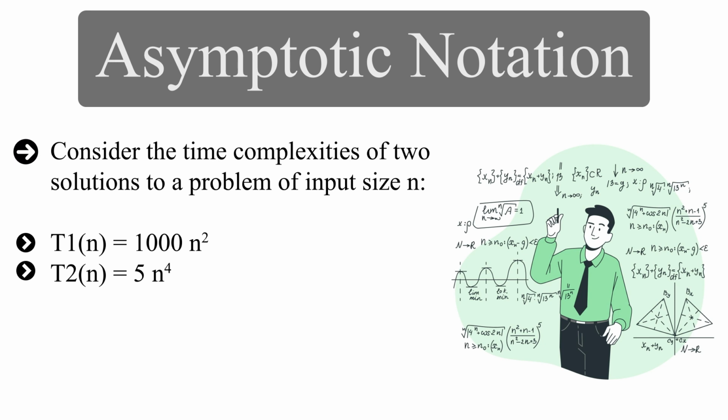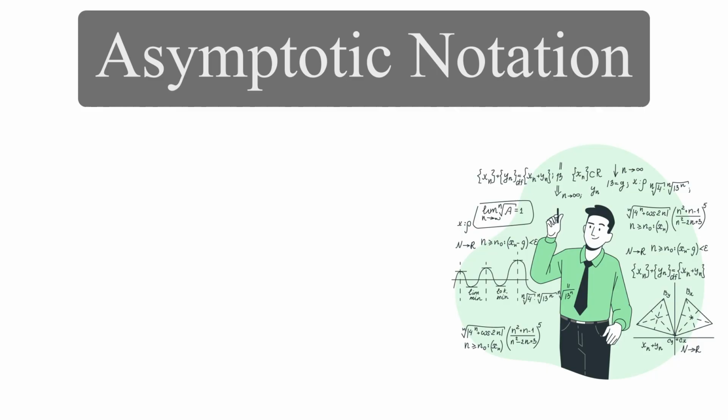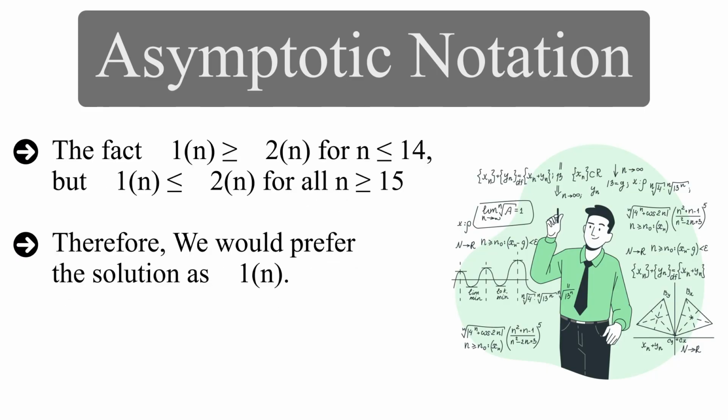For example, if T1(n) is 1000 n square and T2(n) is 5 n to the power 4, which of the two algorithms is better as far as asymptotic notation is concerned? Well, T1(n) is going to be greater than T2(n), that is, the time taken by algorithm 1 is going to be more than algorithm 2, provided n is less than or equal to 14.